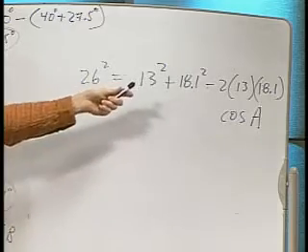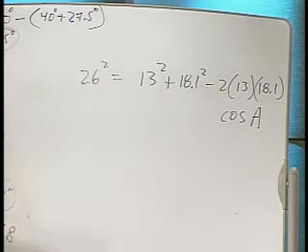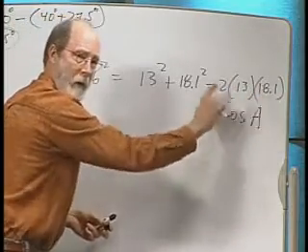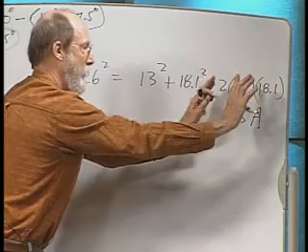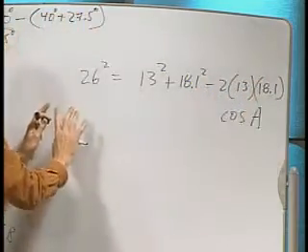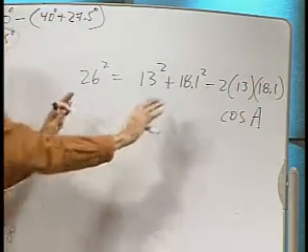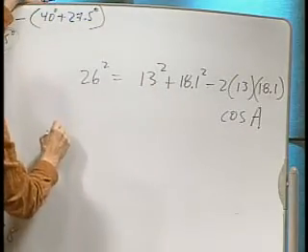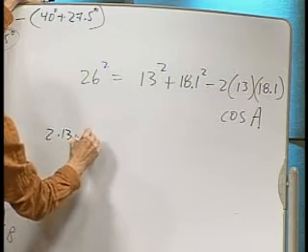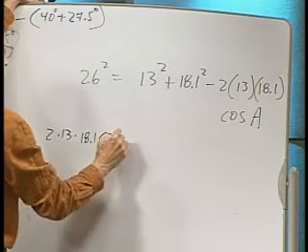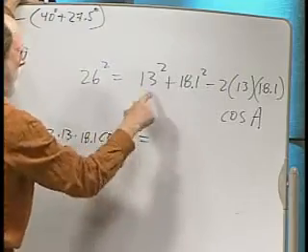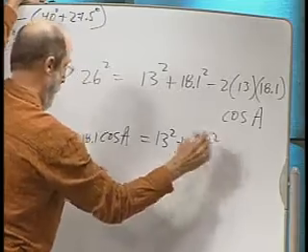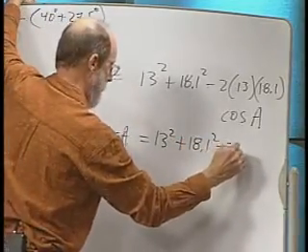Everybody okay with the law? Now, the way I usually do this is this last term here is negative, so I imagine adding it to both sides of the equation to make it positive. So I bring it over to the other side through addition, and I end up with 2 times 13 times 18.1 cosine of the unknown angle, and that's going to be equal to, leave the 13 squared where it is, the 18.1 where it is, and bring the 26 back over to the other side.